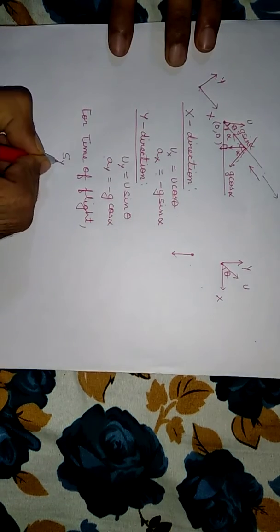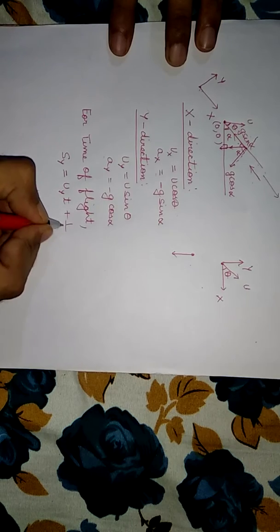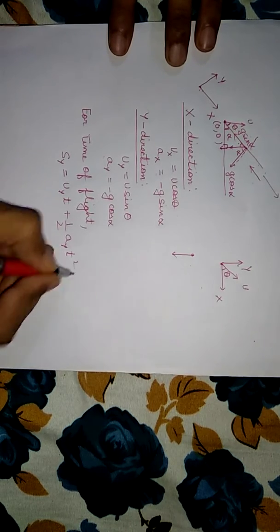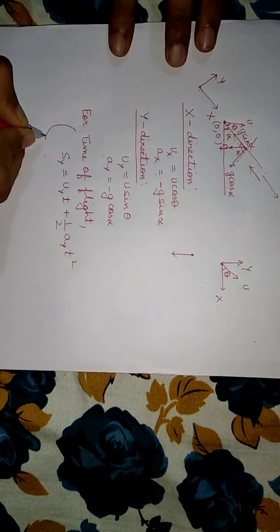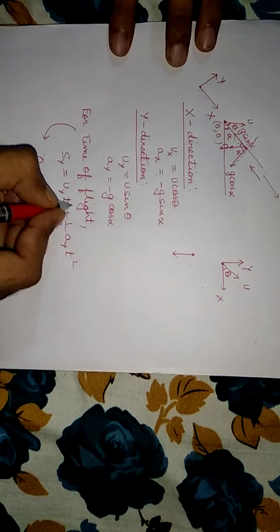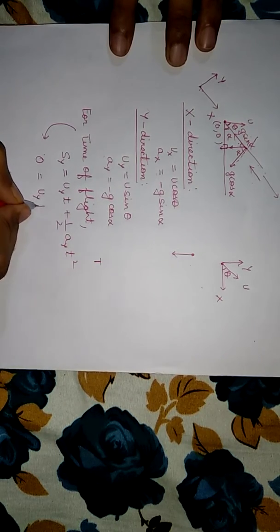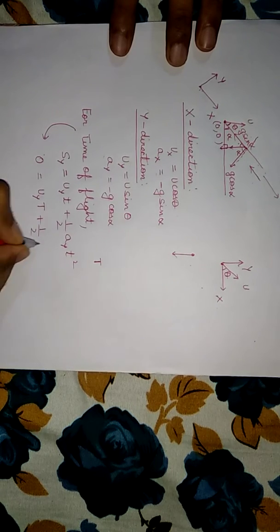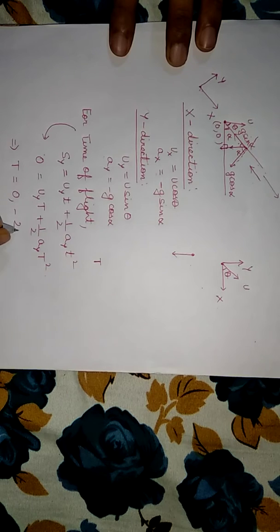First I will write the formula for displacement: y is equal to uy into t plus half of ay into t square. Putting y displacement as 0, and denoting the time of flight by t, we get uy into t plus half of ay into t square equals 0, which gives either t is equal to 0 or t is equal to minus 2 times uy by ay.